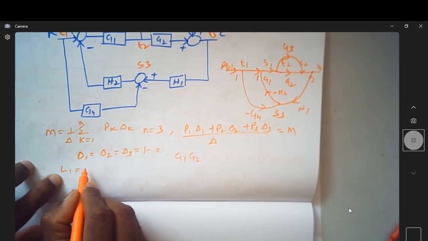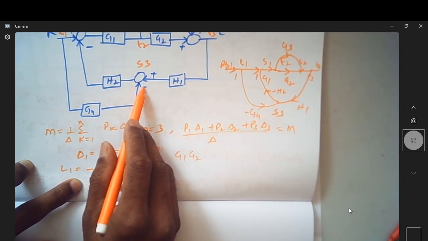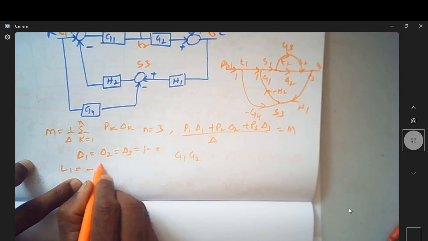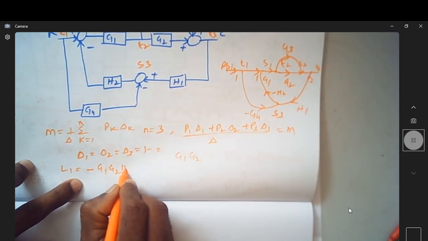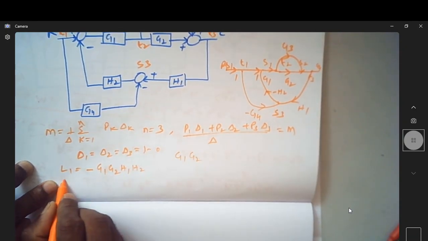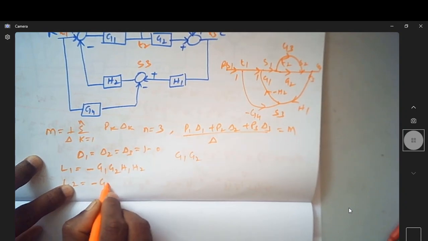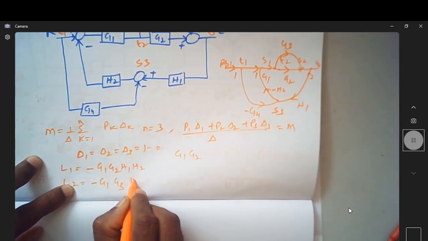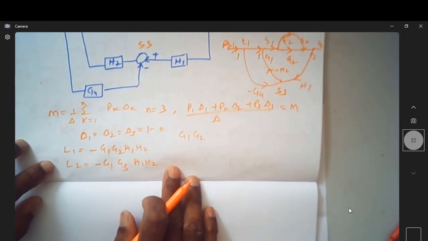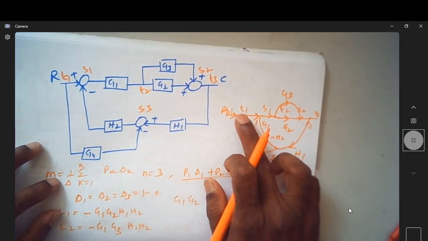The first loop is minus G1, G2, H1, H2. What is the second loop? Is it not minus G1, G3, H1, H2? So this is one loop. You can see here; I can come back to this loop.